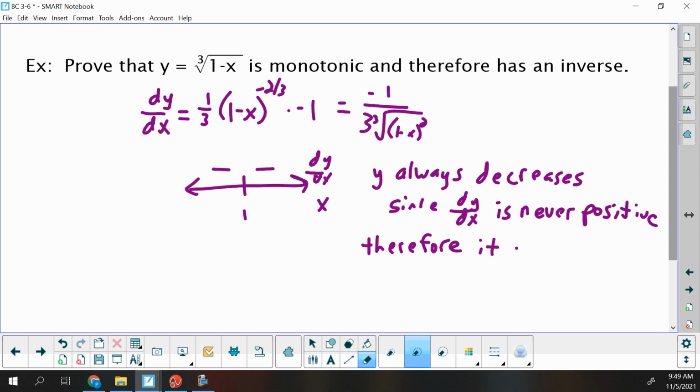Therefore, y is monotonic, and has an inverse.